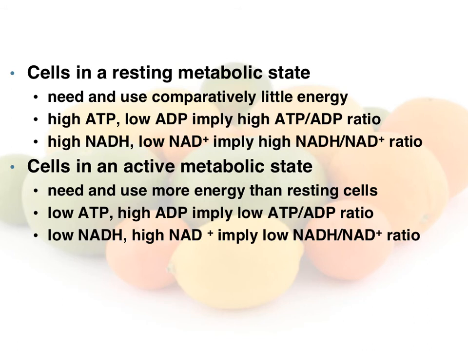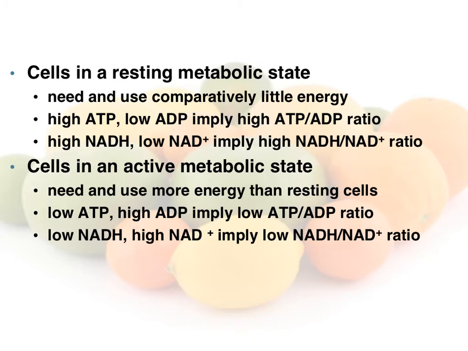This, I just want to hammer it in. Hopefully this makes sense. If the cell, I'm anthropomorphizing here, is resting, so you do not need any more energy, your ATP tends to be high, ADP would be low, so that ratio is going to be high overall.